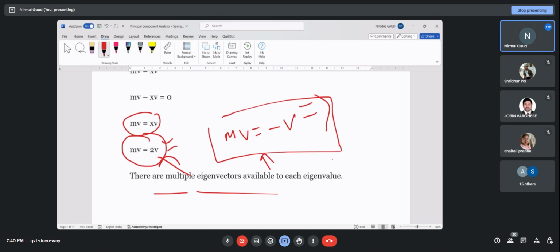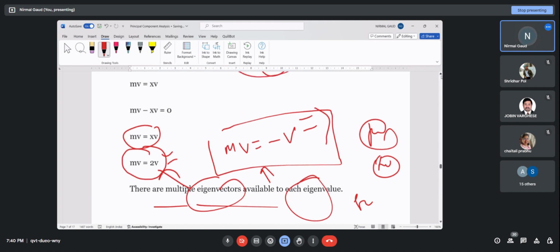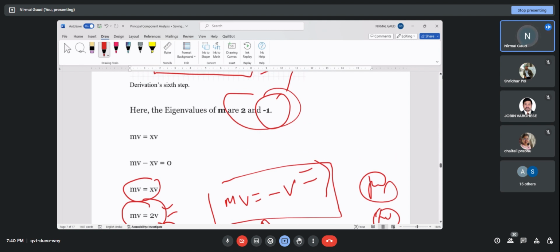So what happened from this step is that we got eigenvectors and eigenvalues. That means now you have been asked to prepare a principal component. It is not that you can make it from your own side, saying, sir, this is your distribution of the data, let's make it like this.